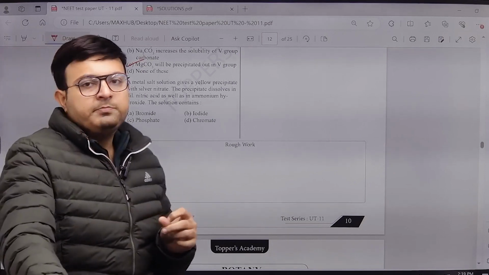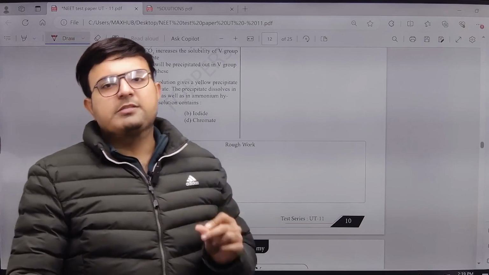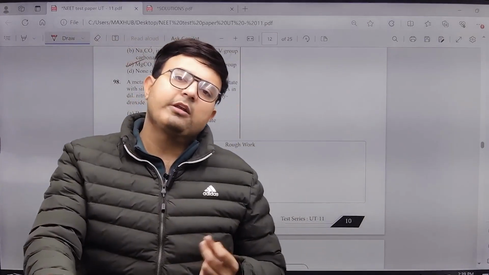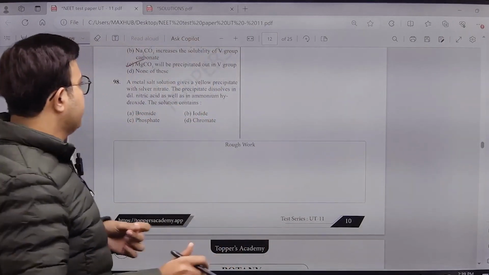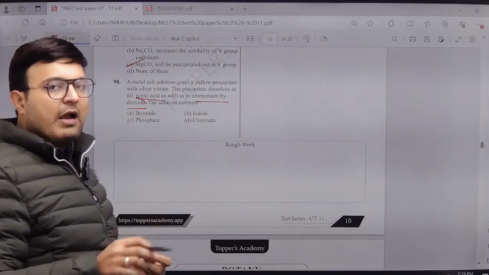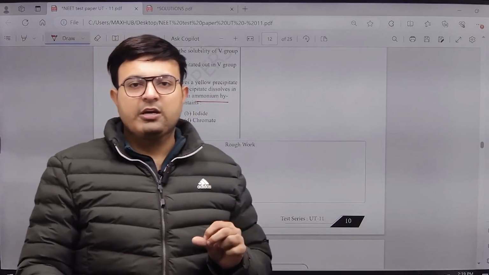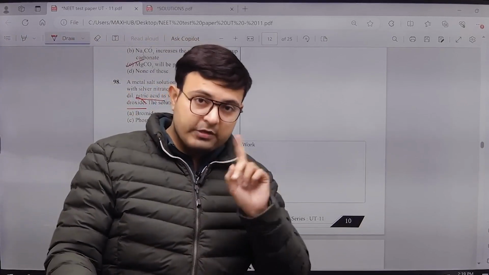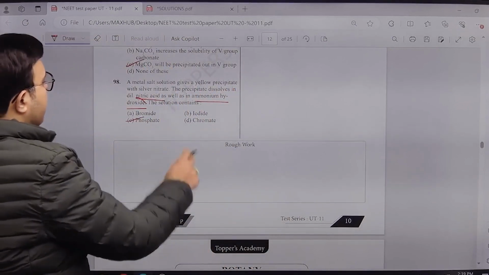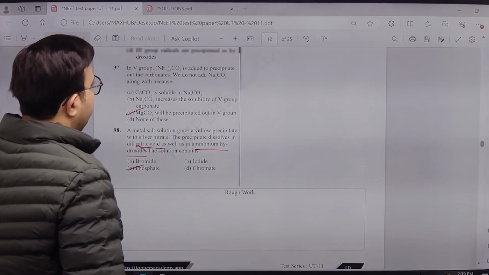So the precipitate should be amphoteric, because it is getting dissolved in acid as well as base. And the anion which is amphoteric in nature is phosphate, which also gives yellow precipitate with AgNO3. So phosphate will be the correct answer for this question.